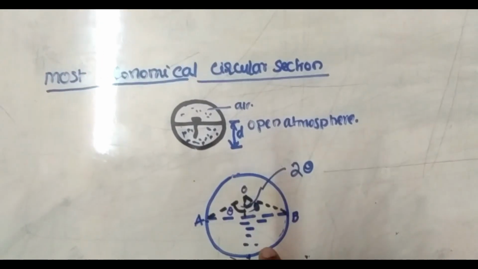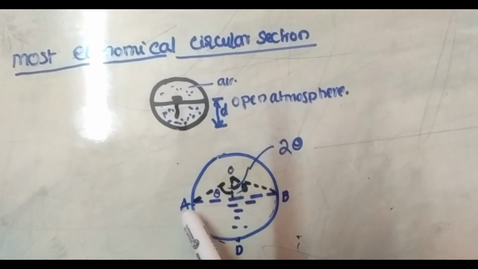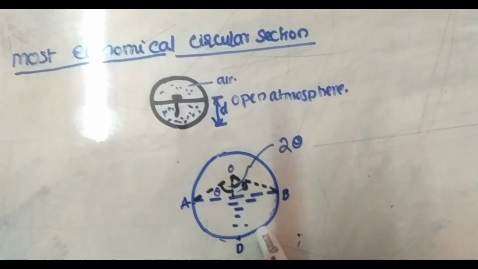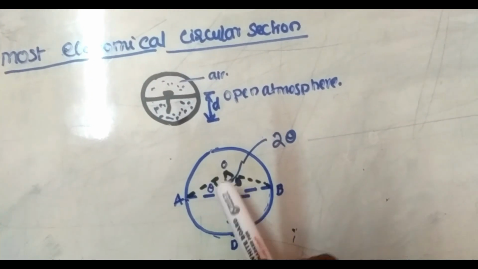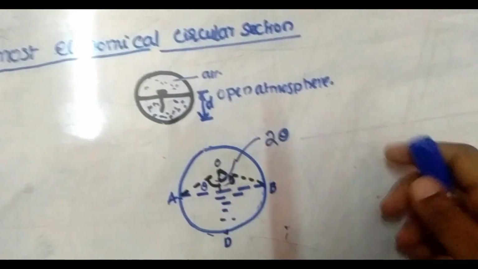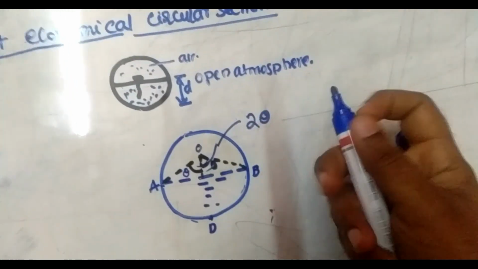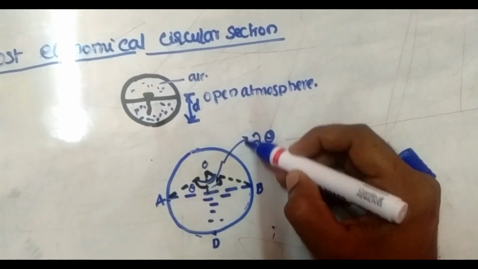Here I have drawn one diagram, a circular pipe. This is the wetted perimeter ADB, and it creates some angle. The angle is theta, and another one is theta, so the total angle is 2 theta.